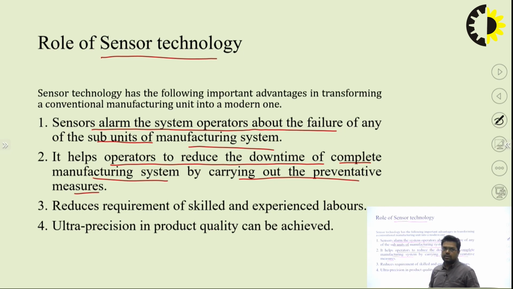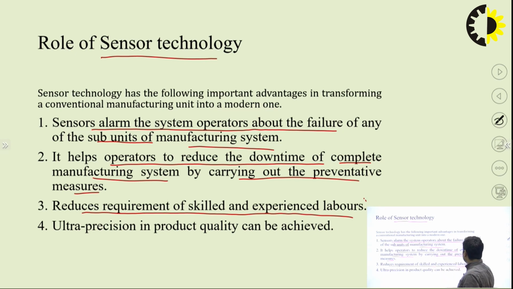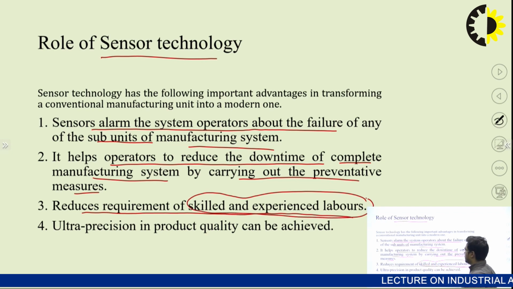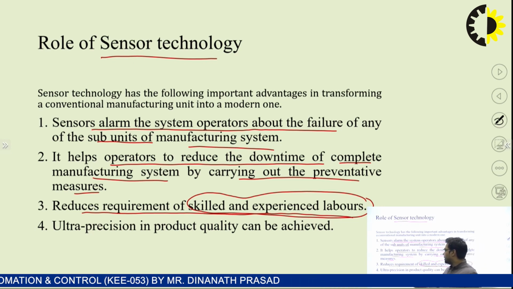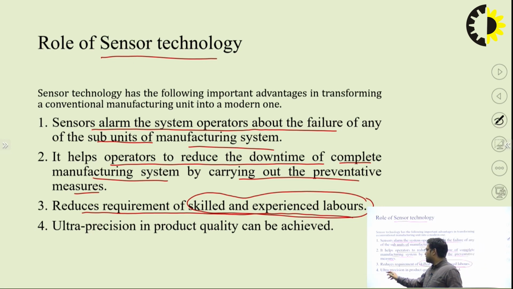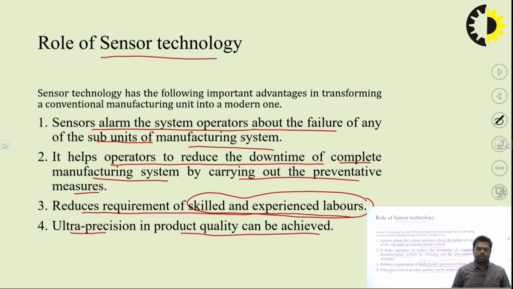So, this is another advantage of the role of sensor technology. It reduces the requirement of skilled and experienced labor. This kind of skilled and experienced labor work can be done with the help of the sensor itself. Another thing about the sensor is that it gives ultra precision, and product quality can be improved. The quality that we get with sensor technology is very high.